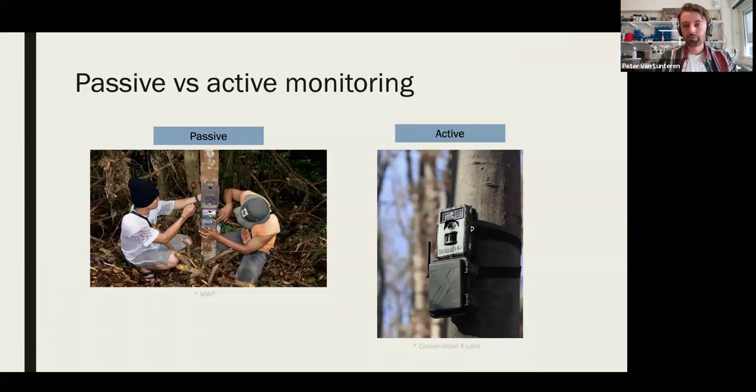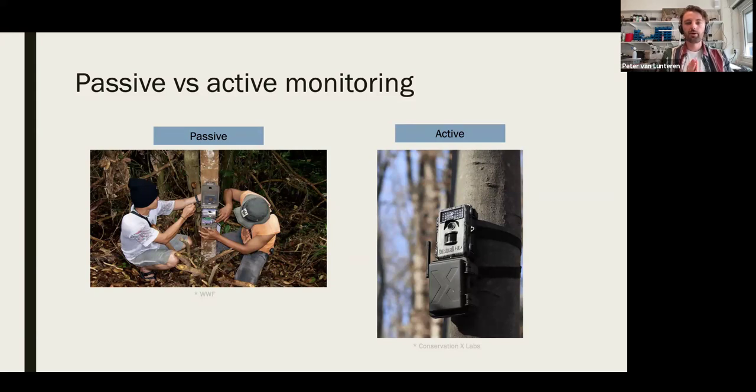It works with the same camera traps, but these camera traps send the images they took to an onboard computer. On this computer, there is a machine learning model which analyzes the image that comes in, and this can be any model that you like for the project you're working on.